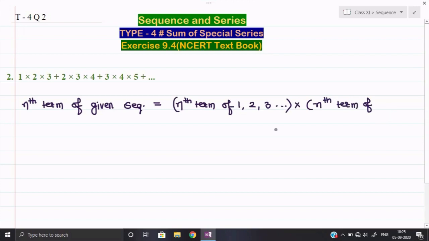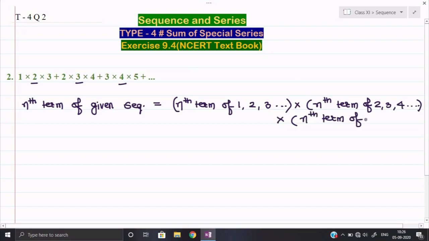Observe, the second term is 2, then 3, then 4. So we shall write down 2, 3, 4, and so on, into the nth term of the third term, that is 3, 4, 5 and so on.